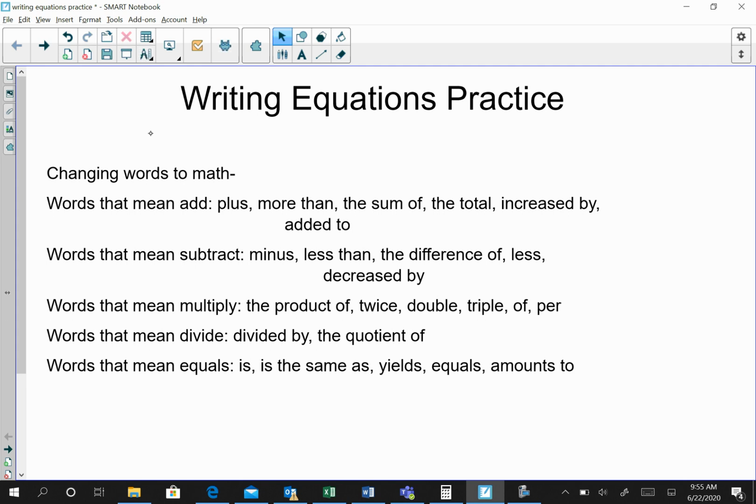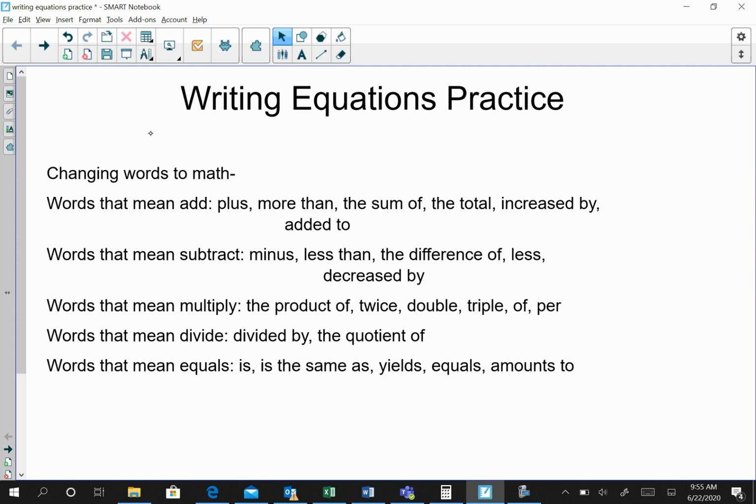Now we're going to see the way that these can change depending on which phrase you use. The less than and decreased by can affect where the minus sign goes, or where the numbers go on the minus sign. Words that mean multiply: the product of, twice, double, triple, of, and per.